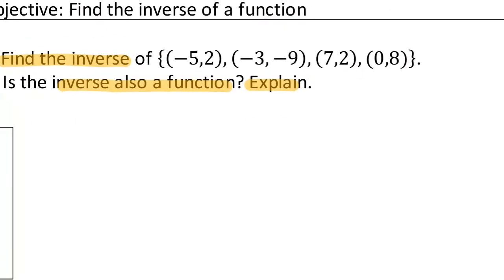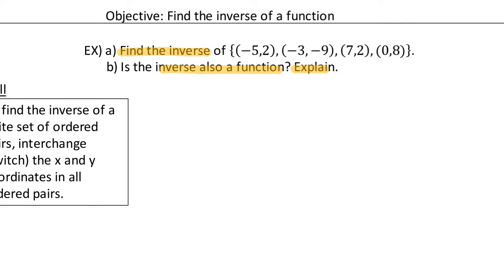So my coordinate pairs are over here. I can see -5, 2, -3, -9, 7, 2, 0, 8. That's my function. Now to find the inverse for part A, I'm just going to switch the coordinate points. So it's going to be my curly bracket, parenthesis, 2, -5, comma.